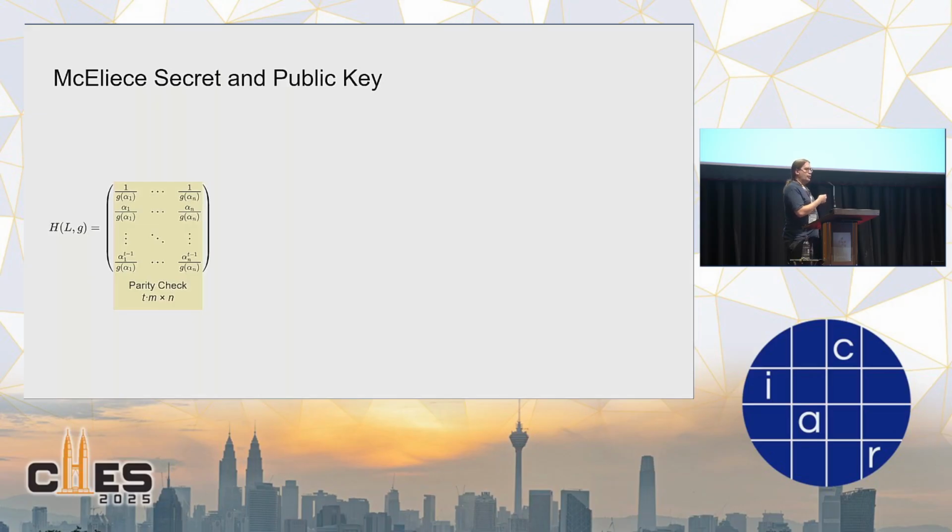So this is like 2 times m bits. And the whole column is t times m bits because each of these values is written as a vector, and then you put all the vectors under each other, and then you get t times m rows in this matrix and n columns. So this is the code. And how to do encapsulation, as I said, is not part of this talk.